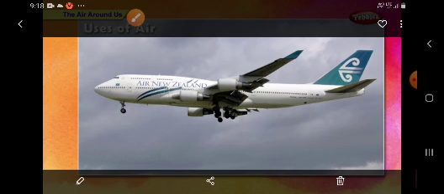So children, aeroplanes fly only because of the air. So this is another use of air.